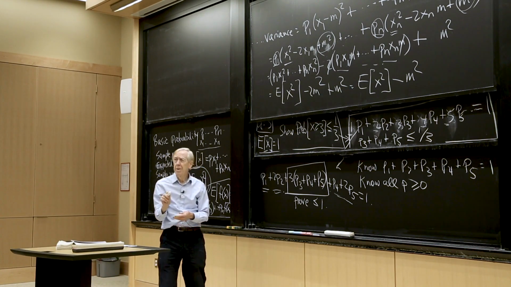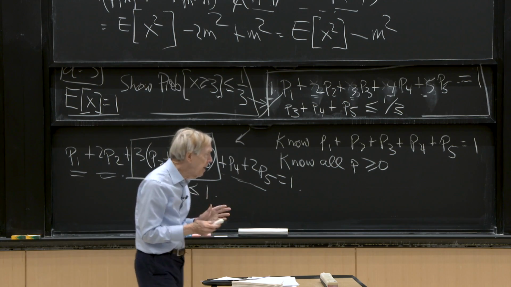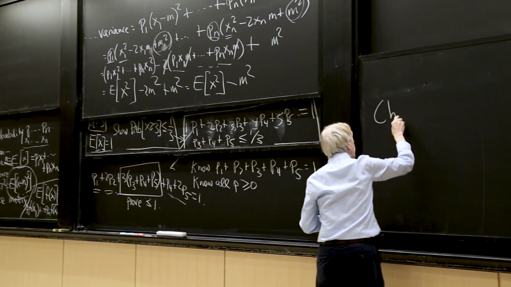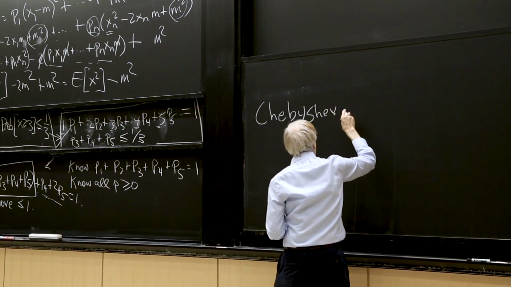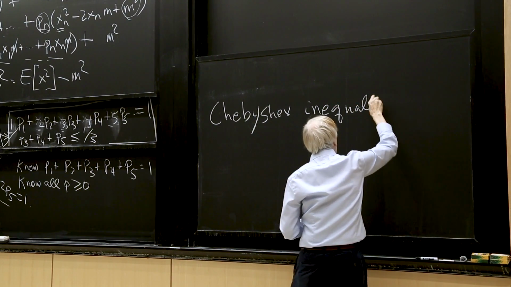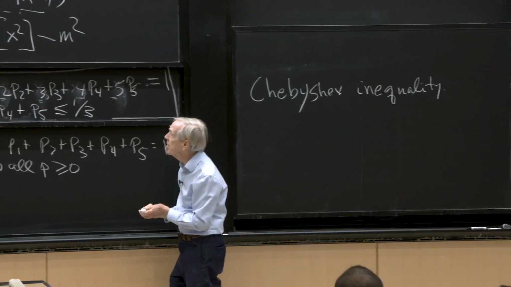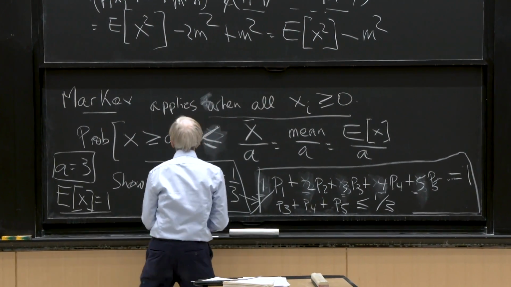Chebyshev is the other great Russian probabilist of the time, and he gets his inequality. So there are the two. There's Markov's inequality. Let me write it down again, what it was.